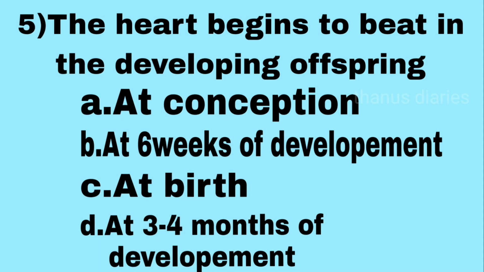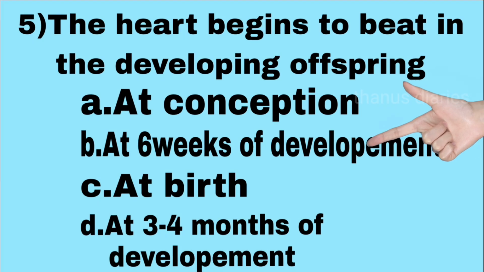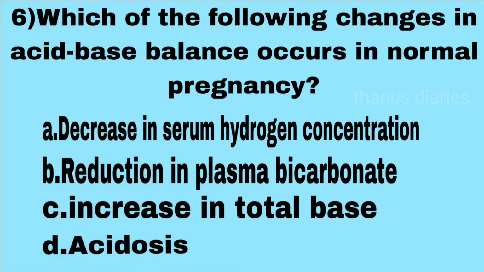The heart begins to beat in the developing offspring: at conception, at 6 weeks of development, at birth, at 3 to 4 months of development. And the answer is at 6 weeks of development. Which of the following changes in acid-base balance occurs in normal pregnancy?